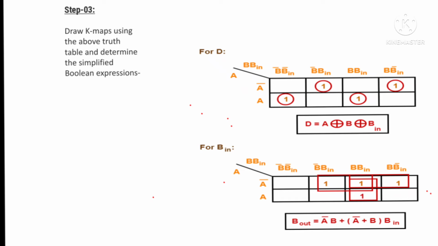Now we have to draw a K-map for B out. Here also it is a 3 variable K-map.